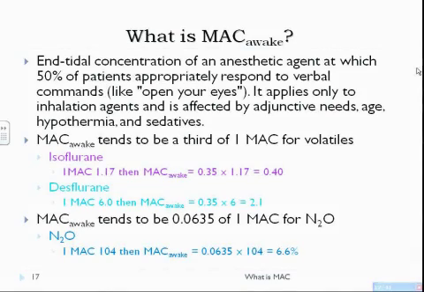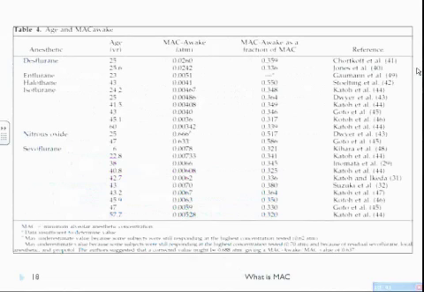Nitrous oxide, on the other hand, 6.6%, is overwhelmingly a very good number. Almost everybody's awake at that value, and most of the time in reality the 50% value is around 9%. So these are the actual MAC awake values, okay? And that gives you an actual value. This is very predictable.